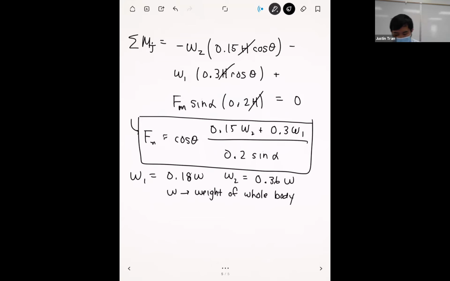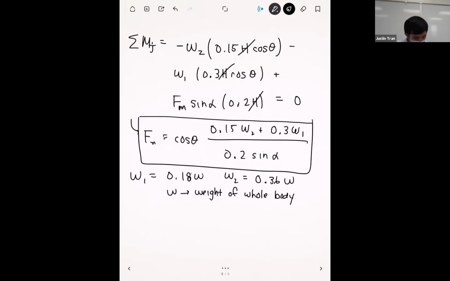Remember W1 represents the weight of the arms, shoulders, and the head. So your arms, shoulders, and head take up about 18% of your entire body weight, whereas your trunk takes up about 36% of the body weight.